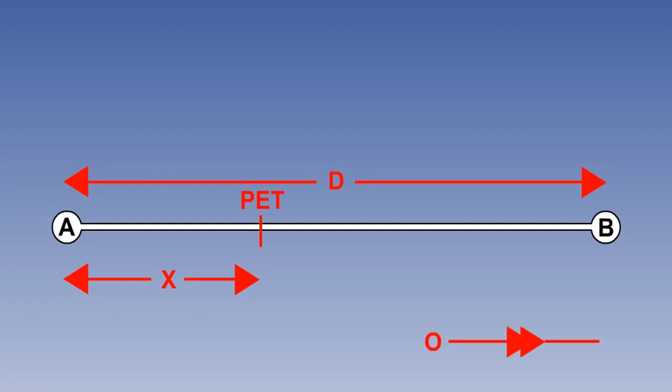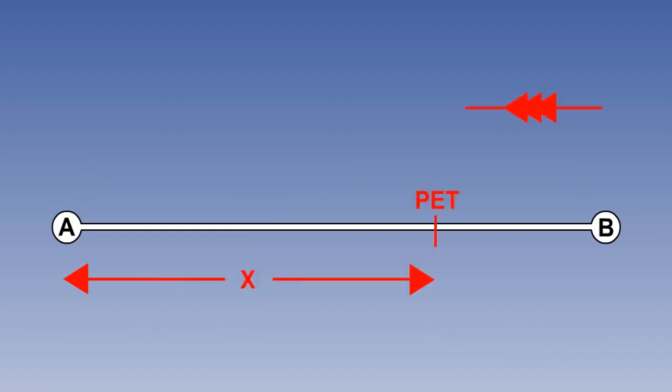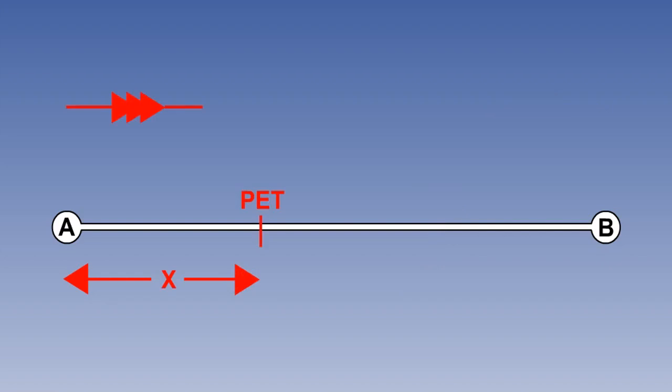The onward ground speed from the point of equal time is called O, and the homebound ground speed is called H. The effect of any wind component along track is always to move the point of equal time towards the direction that the wind is coming from. This is true whether it is a headwind or a tailwind.